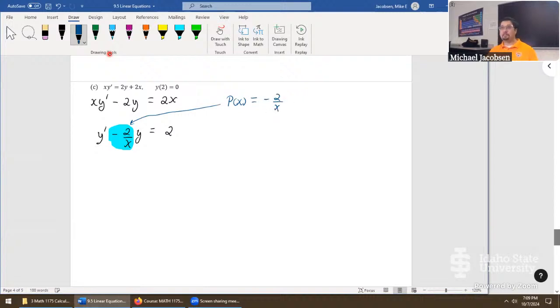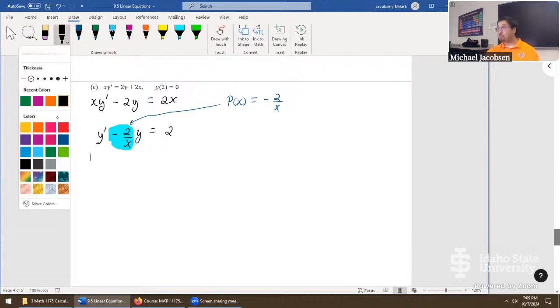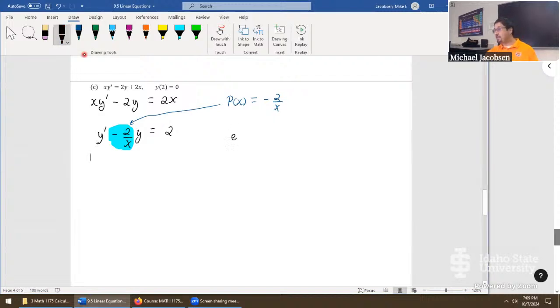The whole purpose of observing the p of x function is it's going to give us an integrating factor. The integrating factor will allow us to undo the product rule, but let's actually start a little bit earlier than that. Let's start by writing out I of x. Not that you would lose points if you did write it down on your paper, but this is my way of saying we're doing an integrating factor, I for integrating factor, of x.